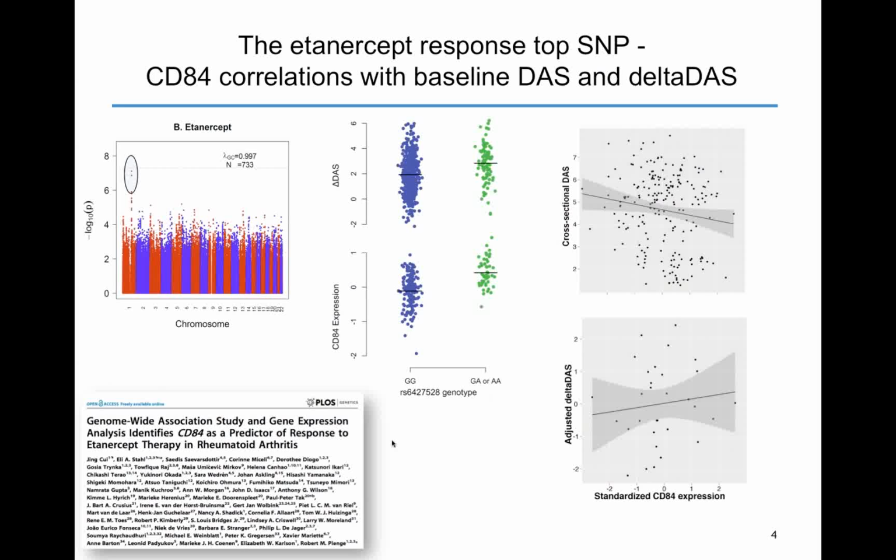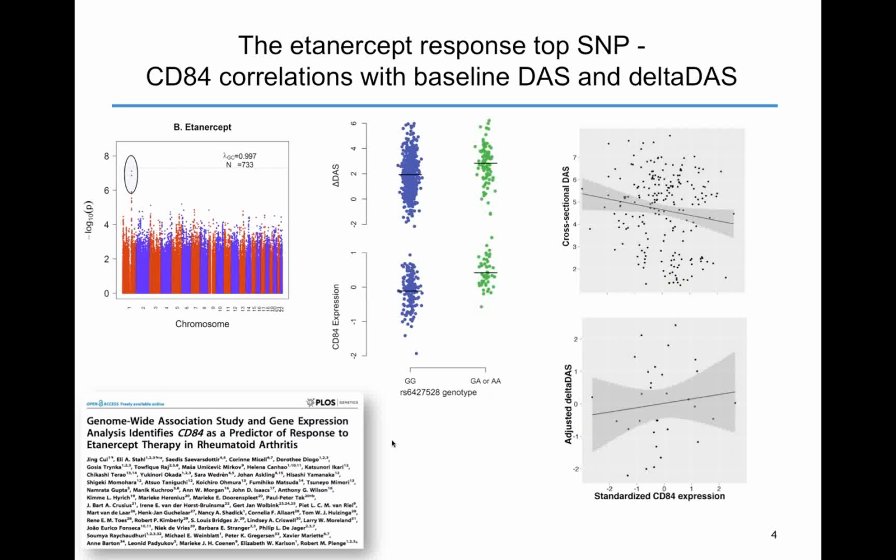What was interesting about this was not only was it a result that approached genome-wide significance, but the gene itself was a good biological candidate gene, CD84, and there was a correlation between expression of this gene and disease activity, and this was independent of genotype.